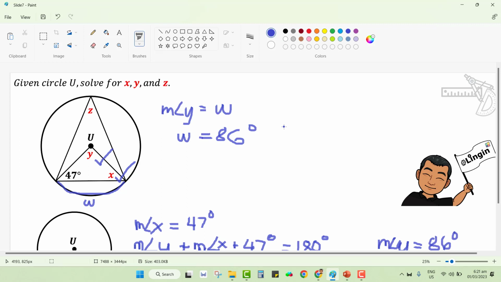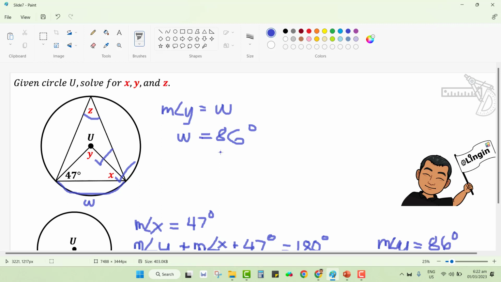Now we have this intercepted arc of the central angle Y, which is also the intercepted arc of the inscribed angle Z. So we could use the value of arc W, 86 degrees, to solve for the measurement of the inscribed angle Z.